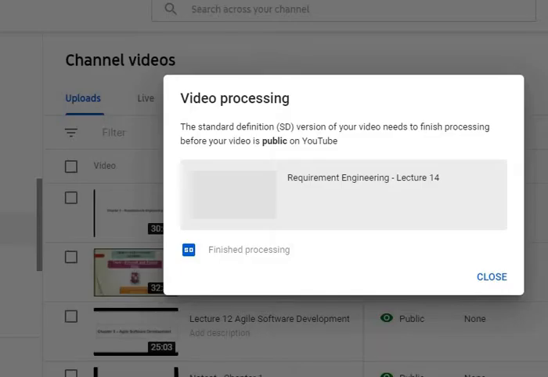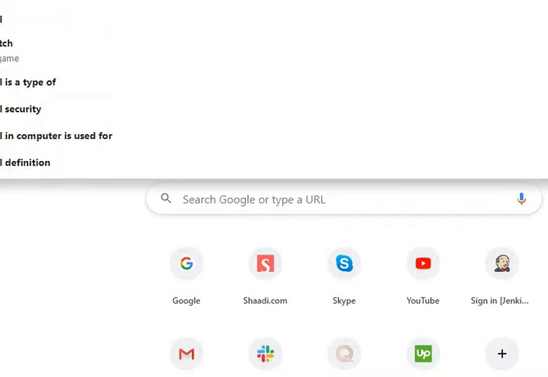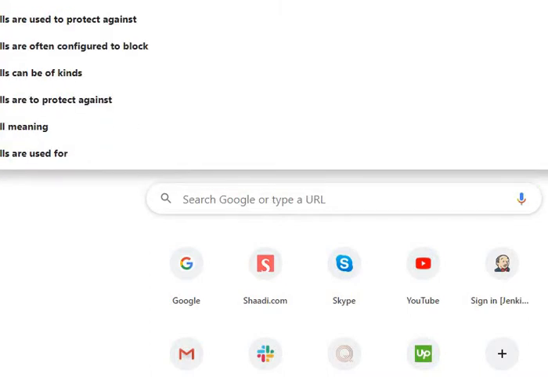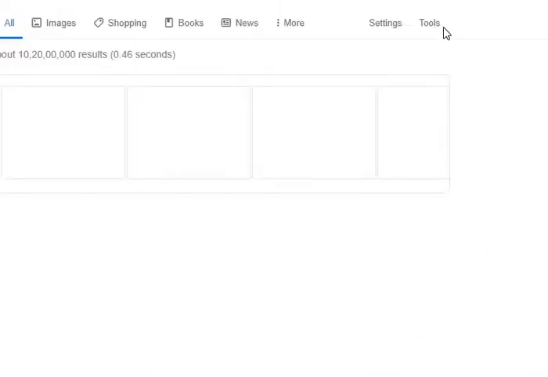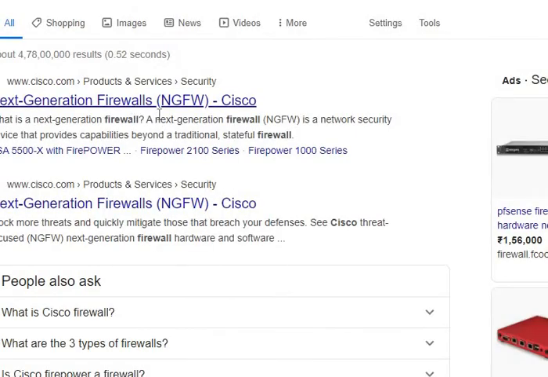So let's have a look on Google. Let's search about firewalls. There are different providers of firewalls available in the market. Let's type Cisco firewalls. This is the next generation Cisco firewall.